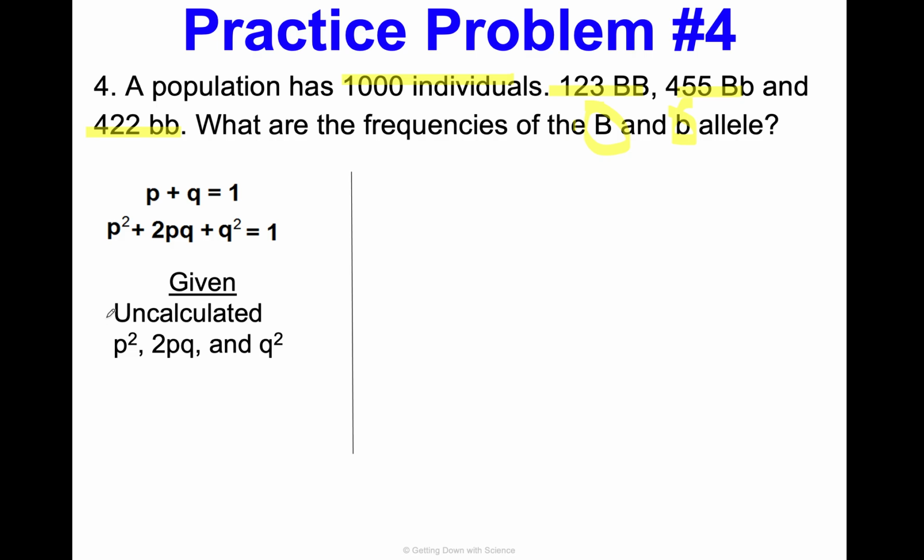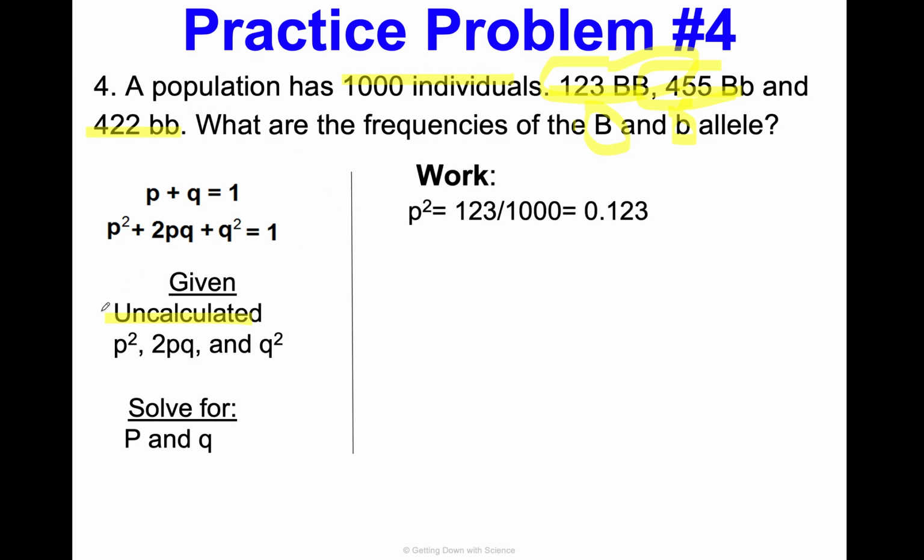So the given is uncalculated, but they gave us everything we need, right? So out of 1,000 individuals, 123 of them are homozygote dominant. That would be our P squared, 455. So we just need to calculate those. And then solve for P and Q.